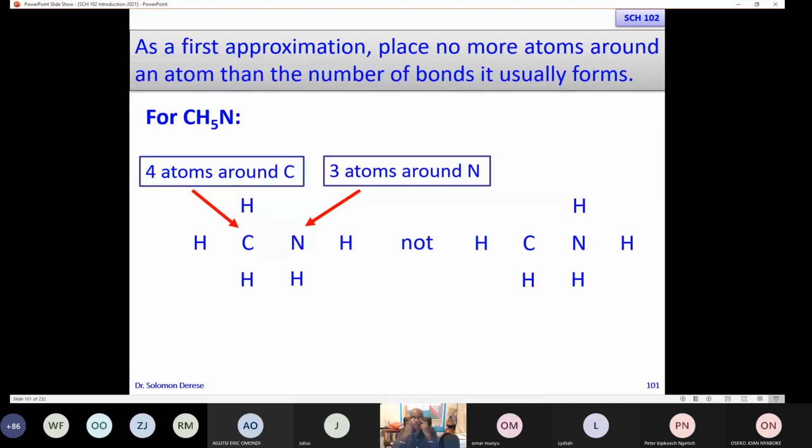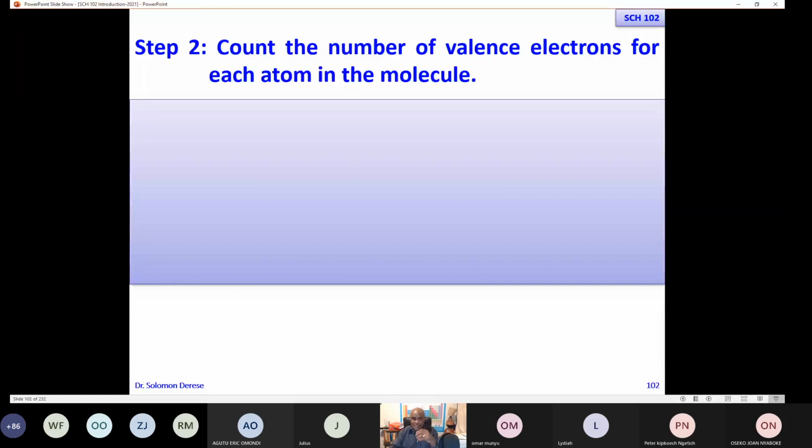Of course, to form a bond, you'll be using electrons. The electrons you use are the valence electrons. So in the second step, you will count the number of valence electrons for each of the atoms in the molecule. If it is methane, for example, CH4, in methane we have 1 carbon and 4 hydrogens.